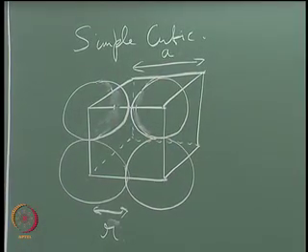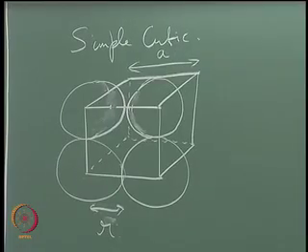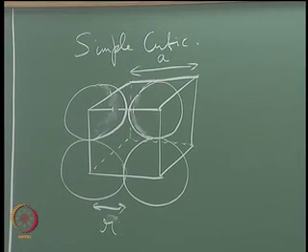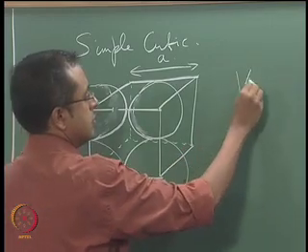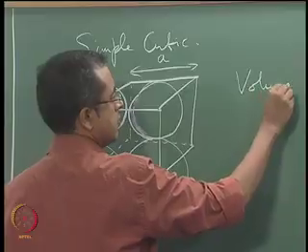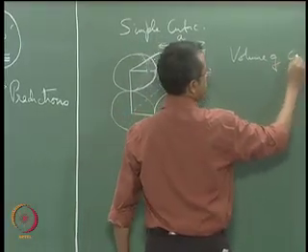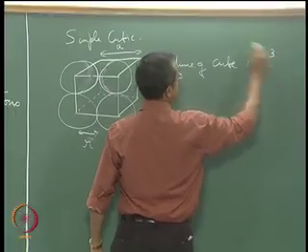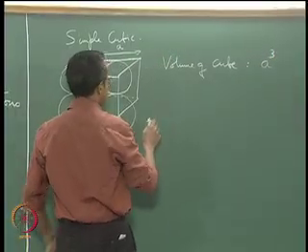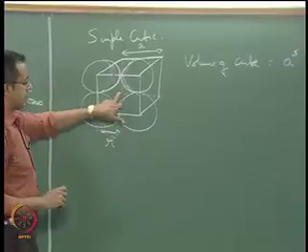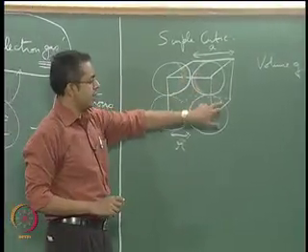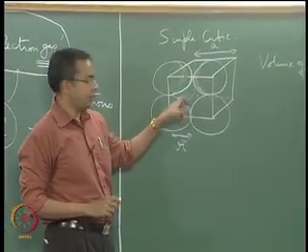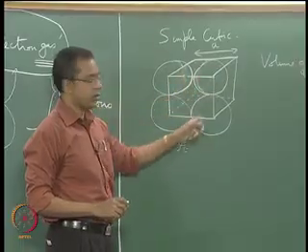Now we are familiar with this idea of a packing fraction, so we will just very briefly run through that calculation. The volume of the cube is simply A cube. When you have a simple cubic structure, you have 8 atoms associated, which are placed at the corners of this cube.